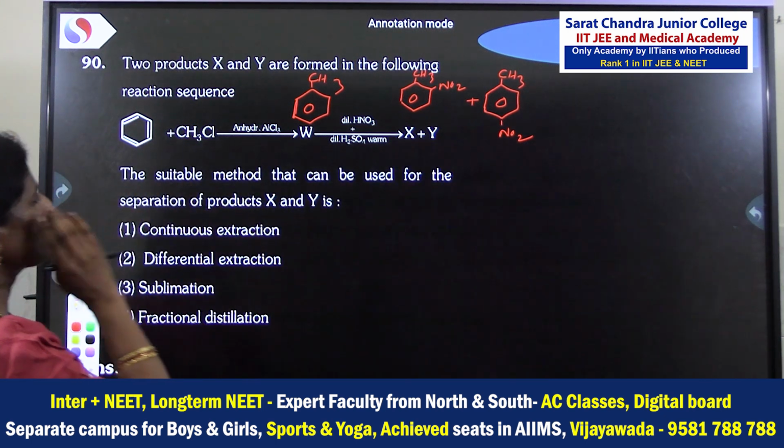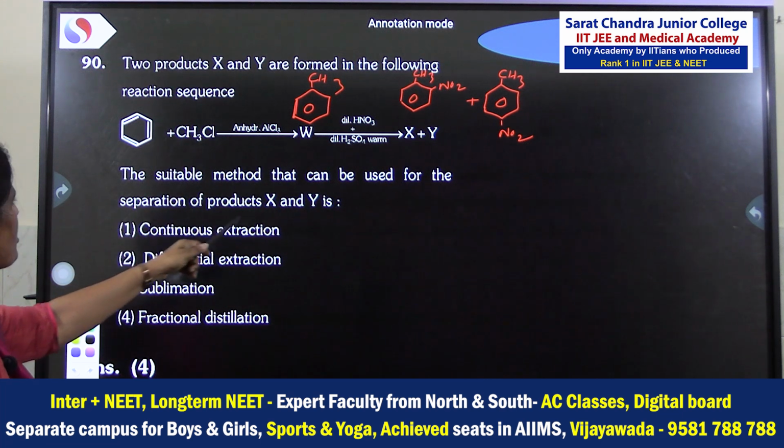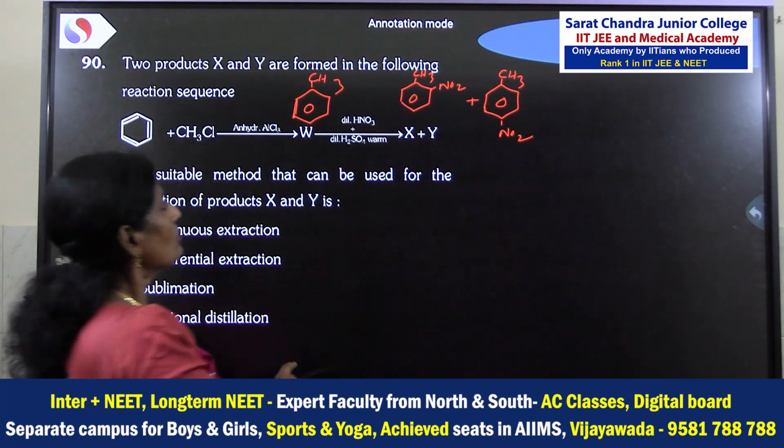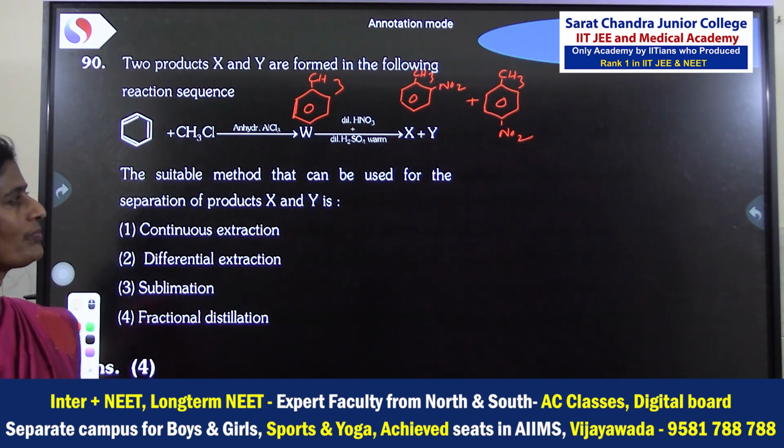The suitable method that can be used for the separation of products X and Y: these two compounds have very close boiling points.